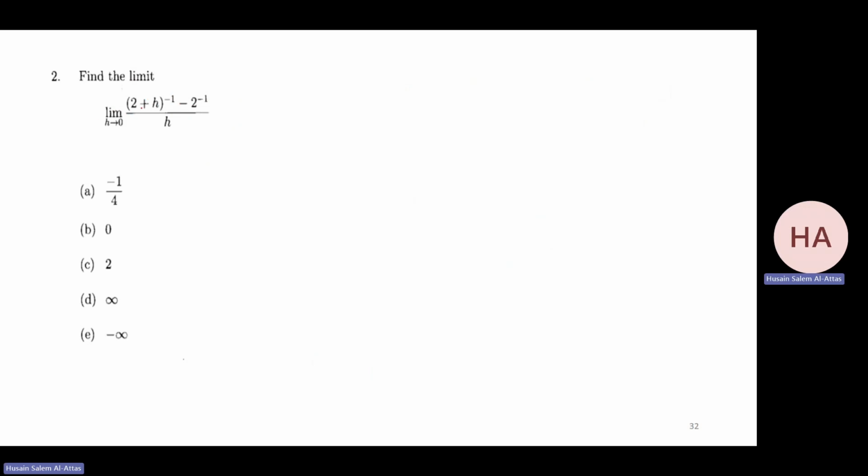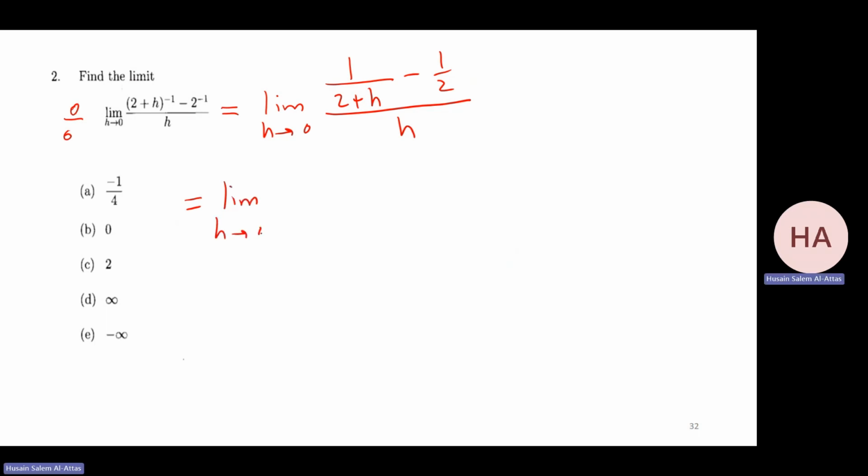Now we substitute. We're getting half minus half, so I have 0 over 0. Means I need to do something. Check. This is 1 over 2 plus h minus half, all over h. Simplify it. It will be 2 minus 2 plus h over 2 times 2 plus h, all over h.